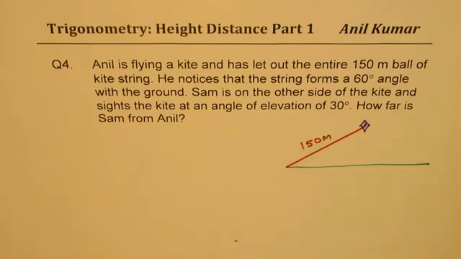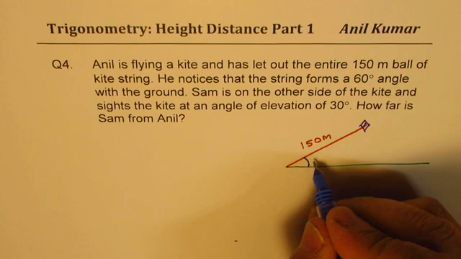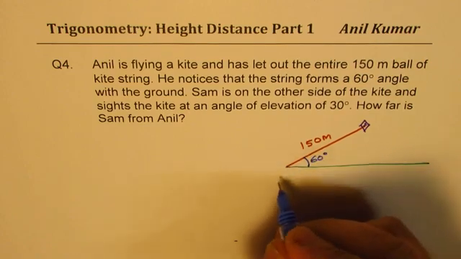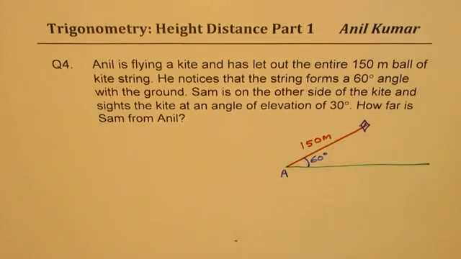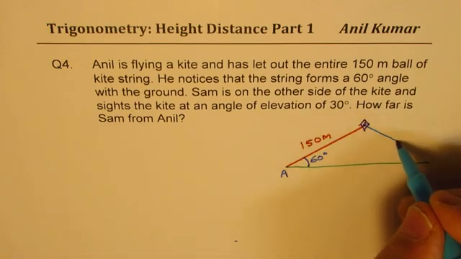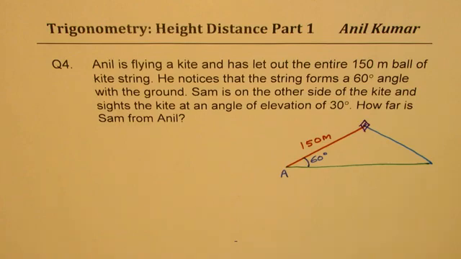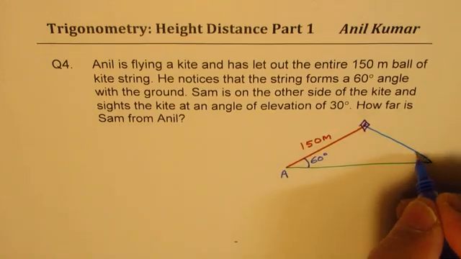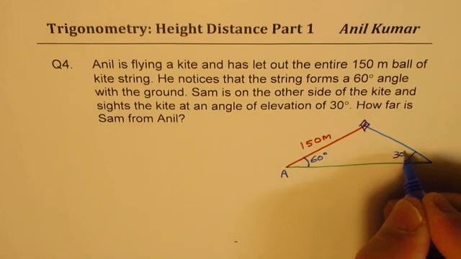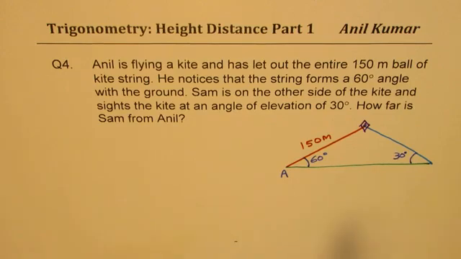So this angle here actually is 60 degrees, let's say Anil, right? For Sam, it is 30 degrees. I don't really have much space, so it'll look similar. These drawings definitely are not to scale, right? So don't get confused.